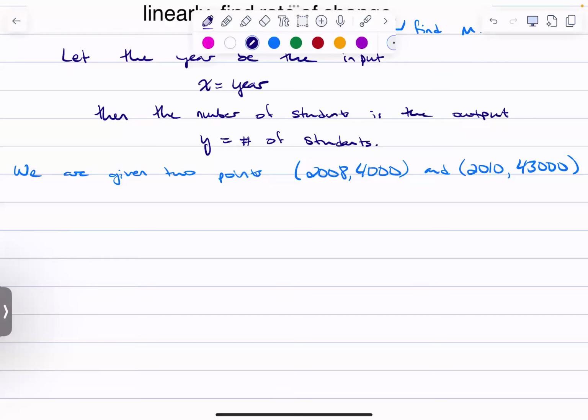Now that we've boiled it down to 2 points, then I can find the slope. M is y2 minus y1. Notice that I'm choosing the version of M using the y's or the f of x's, depending on what I am given. So be flexible there.